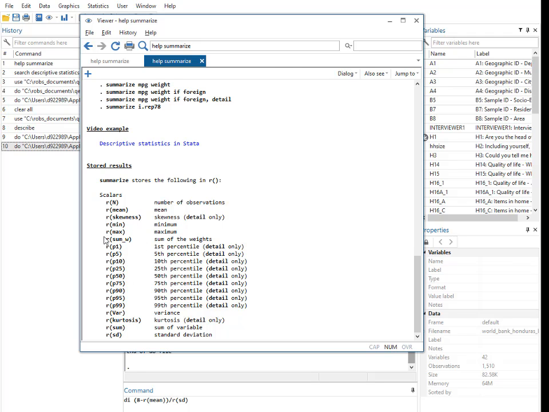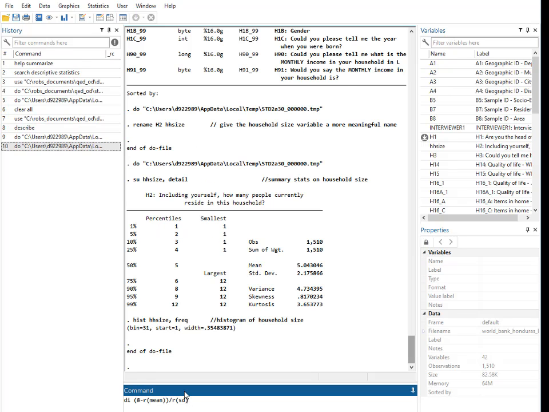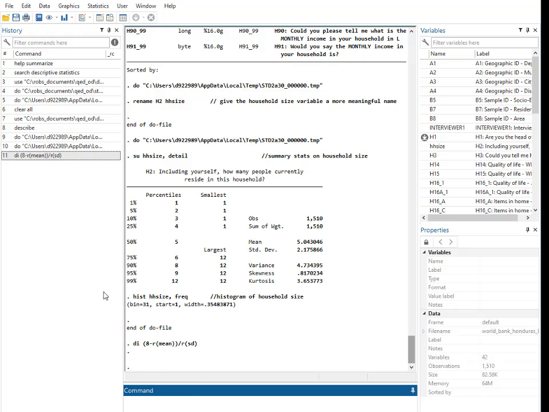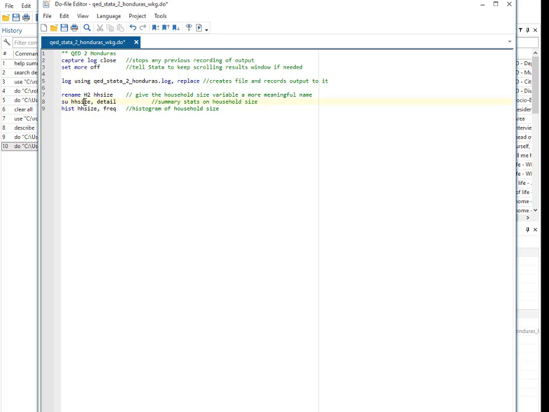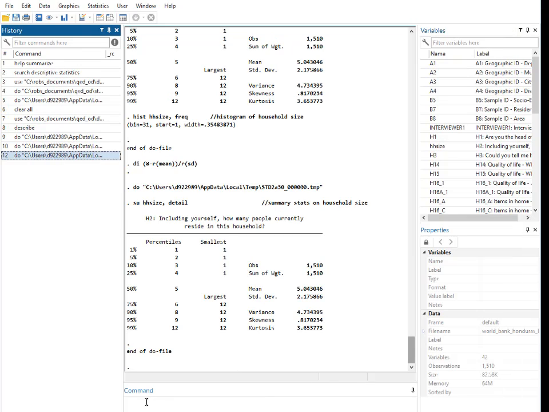I'm using the mean and standard deviation. I should have just redone that command to make sure that the numbers are in the memory.